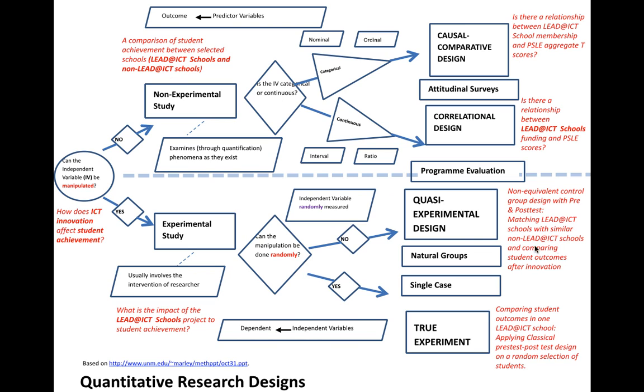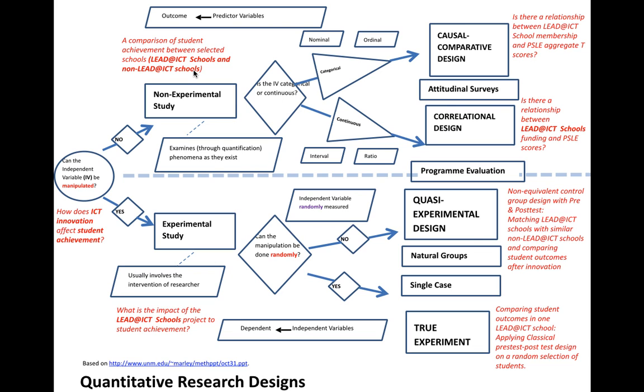This is different from a quasi-experimental design, because in a quasi-experimental design, the lead ICT school still does an intervention, but you compare that with a very similar school that has no intervention whatsoever. In this non-experimental study approach, there is no intervention to speak of. You're just taking a look at student achievement results of one school and the other.